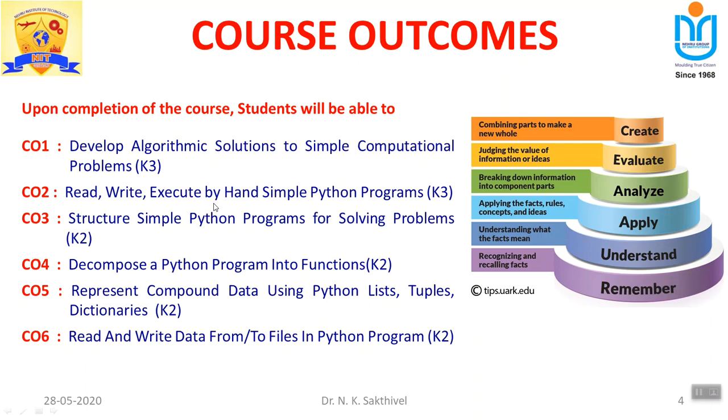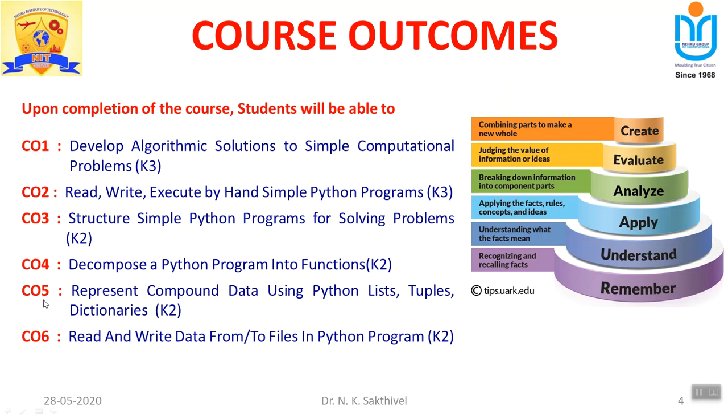Not only that, learners can structure Python programs for solving problems also. The fourth outcome is that using functions is a great idea. Very complex problems can be decomposed into small problems to find the solution. So students are able to decompose a Python program into functions to solve complex problems.